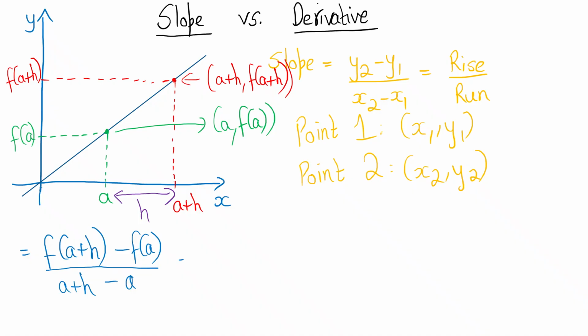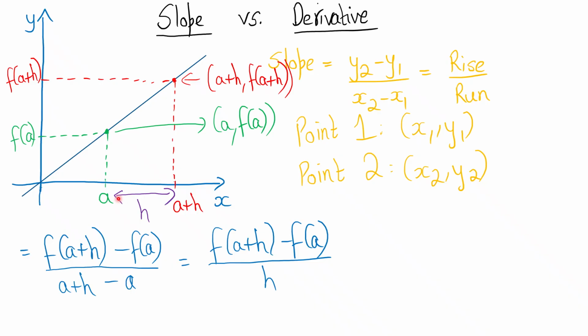Now let me simplify this. This is just equal to f of a plus h minus f of a, divided by h. Now if I want to find the slope only at the green point, the instantaneous rate of change at the green point, I want to reduce this distance and bring this h as close as I can to 0.